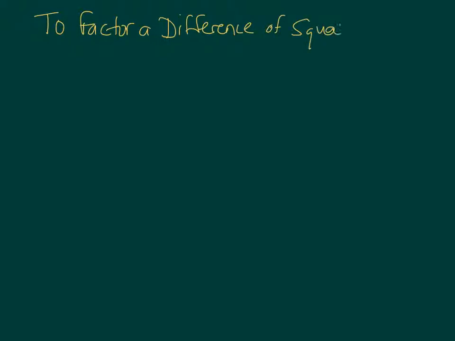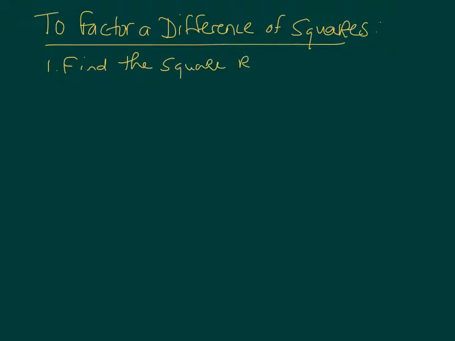So how am I going to factor a difference of squares? To factor a difference of squares, we're going to find the square root of both terms, and then after that we're going to use the following formula.